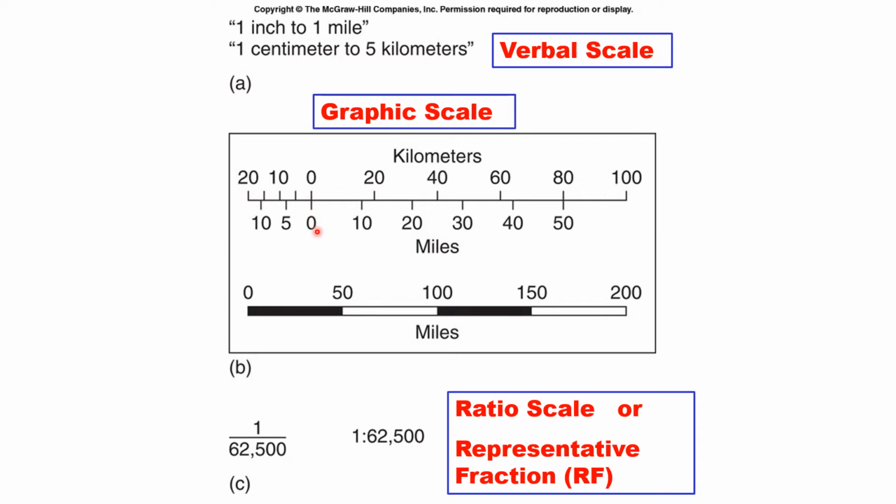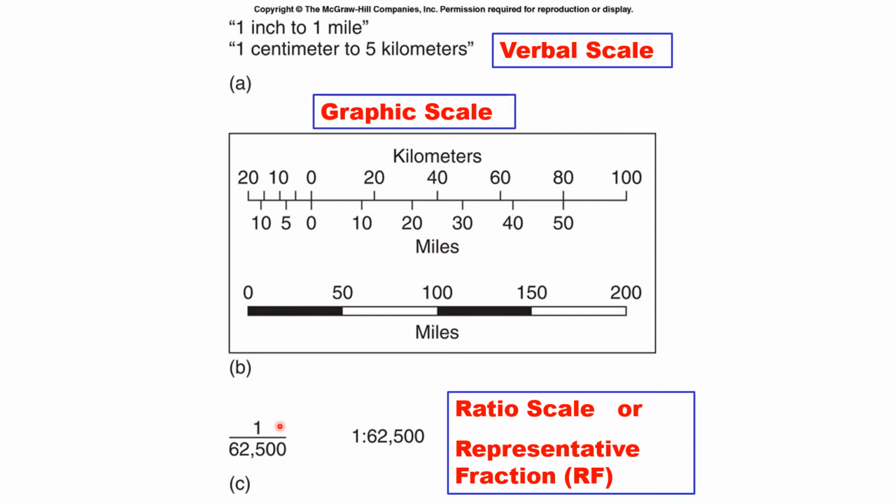That's not so with the ratio scale, although a lot of people are familiar with the ratio scale, the representative fraction, if they like to build scale models or model railroads and so forth. Here the map scale is given as a fraction or as a ratio, in this case 1 over 62,500.